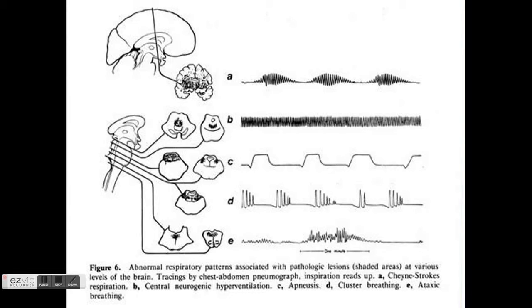This is what our patient has, so it tells you that the cause of this altered mental status is most likely in this range, just above the pons. If it involves the pons, then it could be either this apneustic breath-holding pattern or this cluster breathing. And of course, if it's lower down on the brain stem, just superior to the spinal cord, you start to see ataxic or agonal type of breathing.